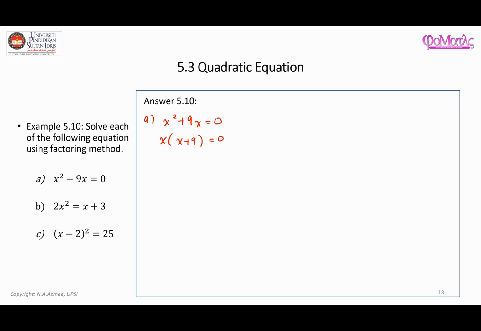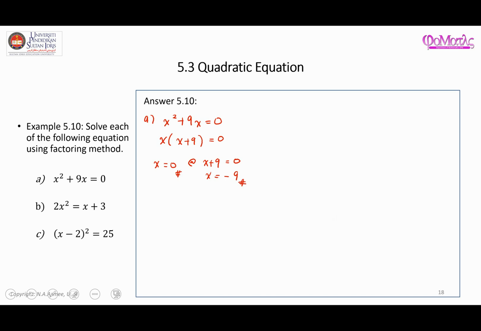And using the zero product property, that means x is equal to 0 or x plus 9 must be equal to 0. This one is done, and this one is x must be equal to -9. So that's the answer. These are the roots of the quadratic equation, x = 0 and x = -9.